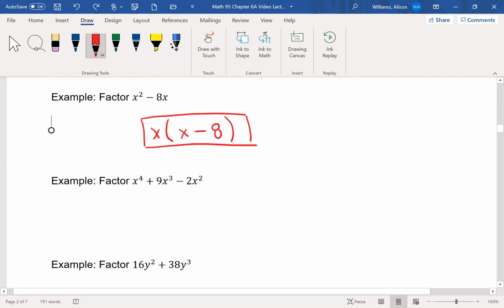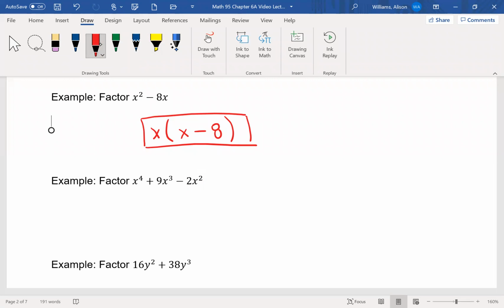This is a trinomial. So I'm looking to see what I can factor out. The first term has 4 x's, the middle term has 3 x's, and the last term has 2 x's. So I can only factor out 2 x's because the last term only has 2 x's. I kind of have no choice. I end up picking the lowest one, the lowest exponent, because that's the one I am able to factor out.